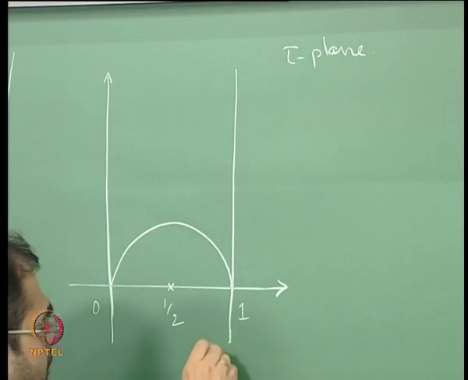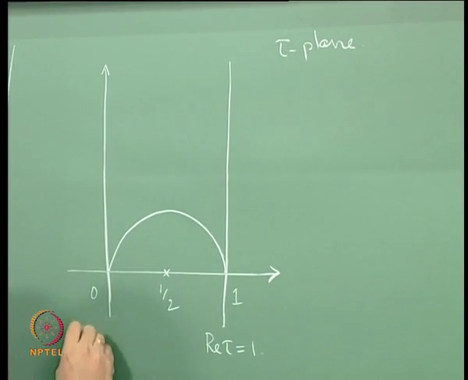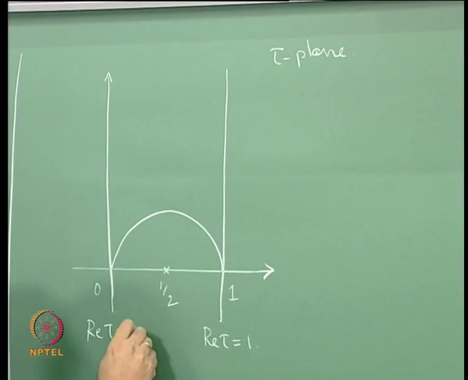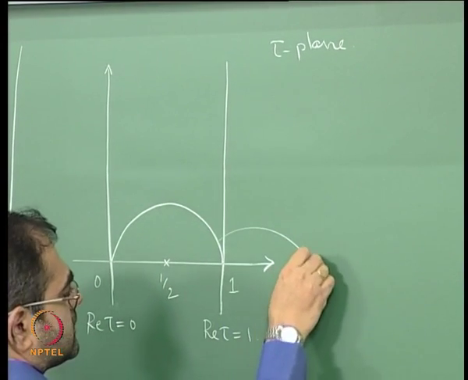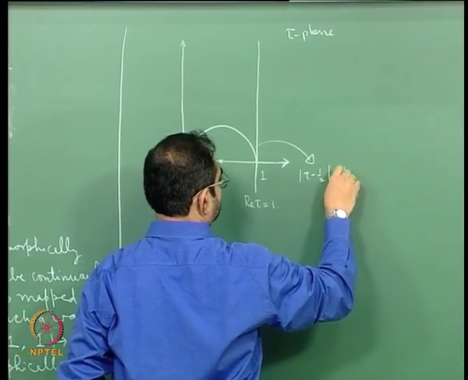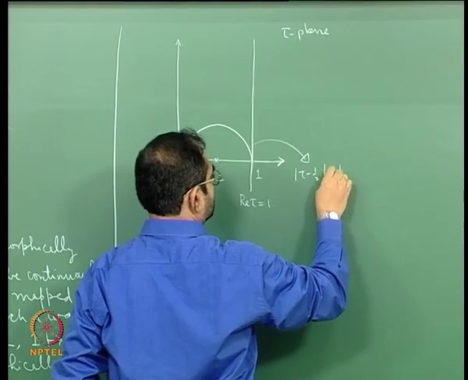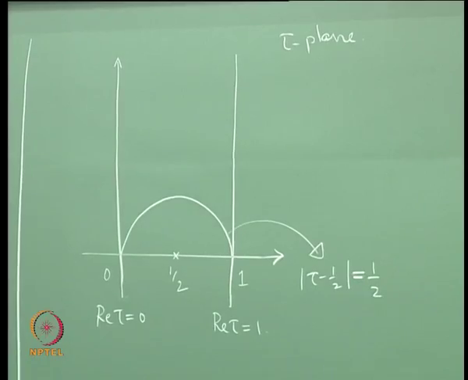So you see this is real part of tau equal to 1, this is real part of tau equal to 0, and of course you know this semicircle is mod tau minus half is equal to half. This is the equation of a circle centered at half and radius half, right.